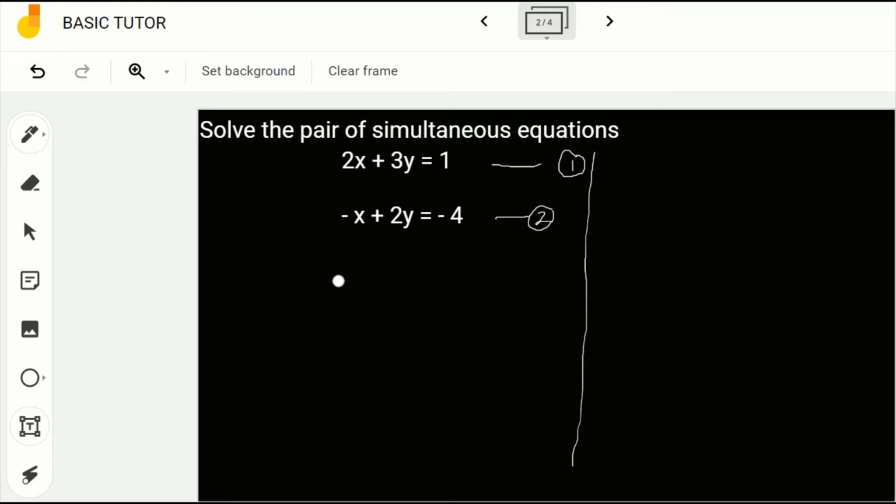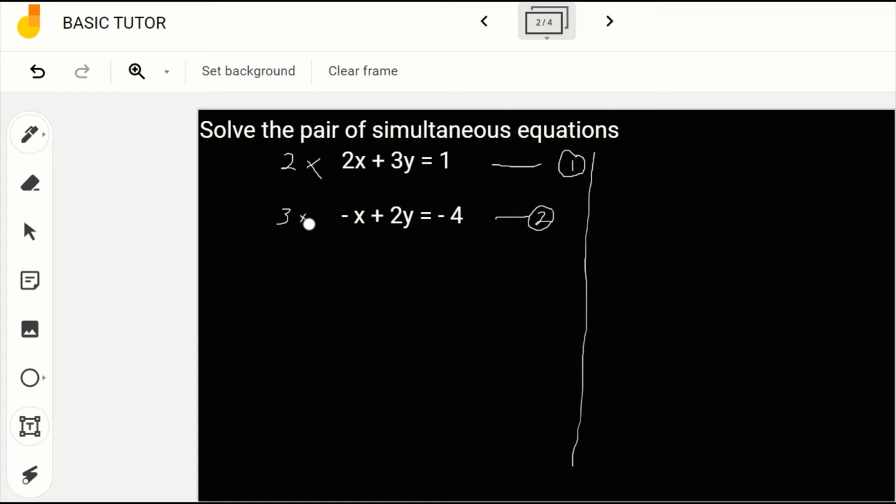But before I can do that, I have to ensure that the coefficient of y on both equations is the same. So I will multiply equation 1 by 2, and I will multiply equation 2 by 3.